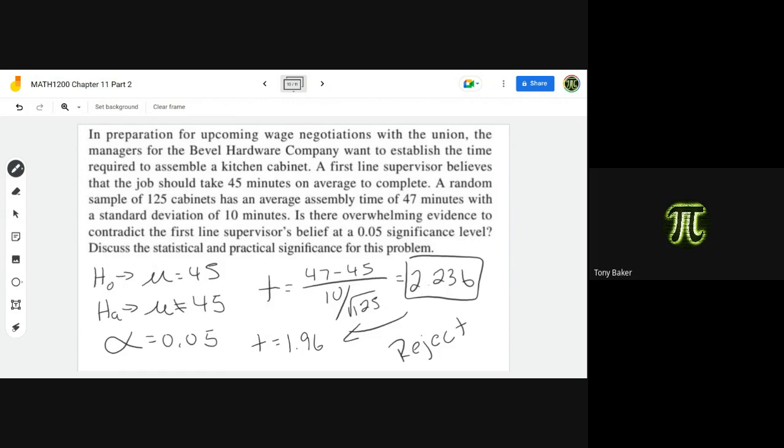However, while it's statistically significant, does it really truly matter? If the supervisor goes, okay, it's 47 minutes instead of 45, in the grand scheme of a contract and negotiations, does that 2 minutes make that big of a difference? No. So even though it's statistically significant based on what you did, it's probably not worth fighting for.